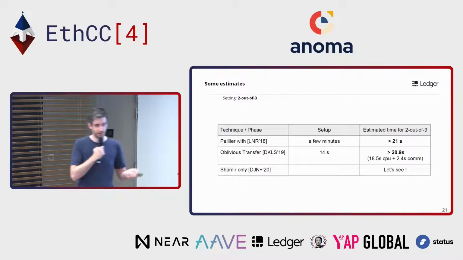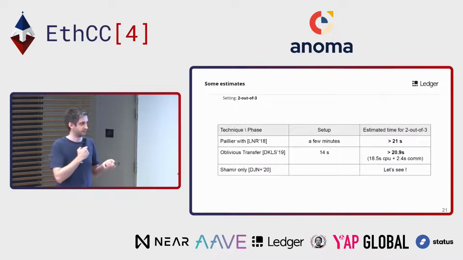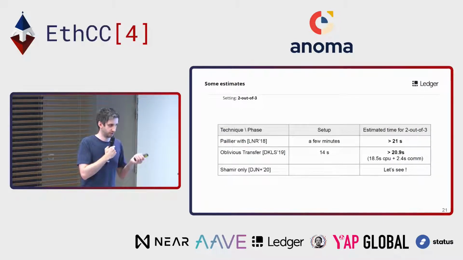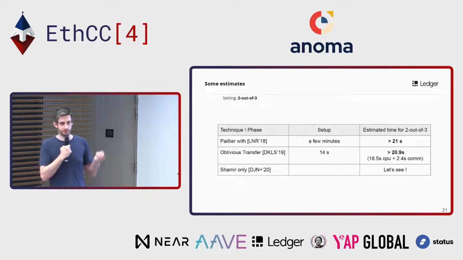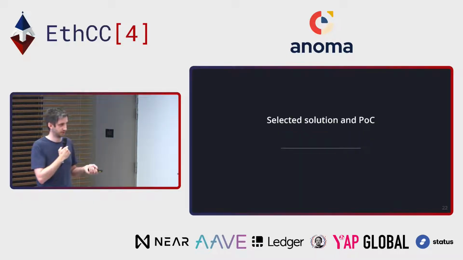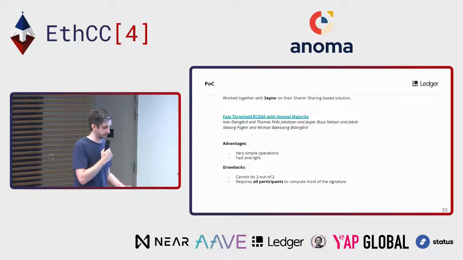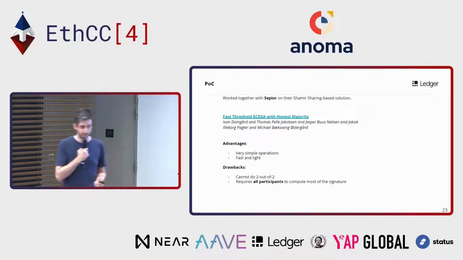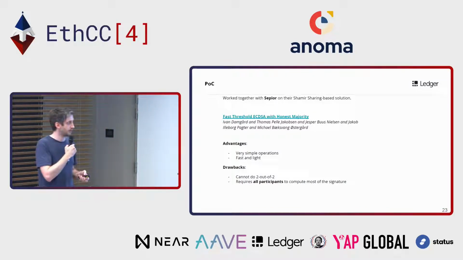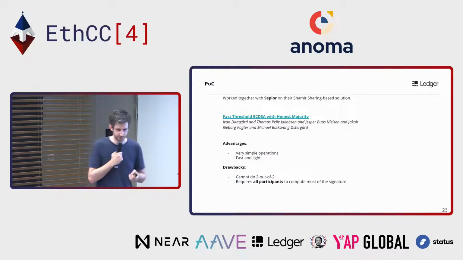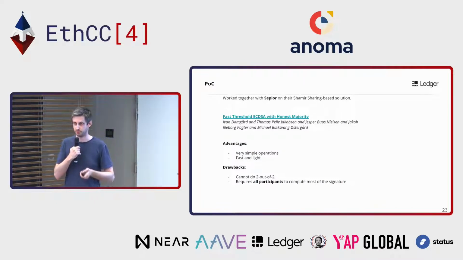So now I'm going to talk about the last option that we have, because this sounds a little too slow for our needs. I'm going to talk about the method that uses Shamir sharing, and that's the one we implemented. This is joint work with CPR, which is based in Denmark. This is the protocol that they published. So the advantage is it's very simple, very lightweight operations.